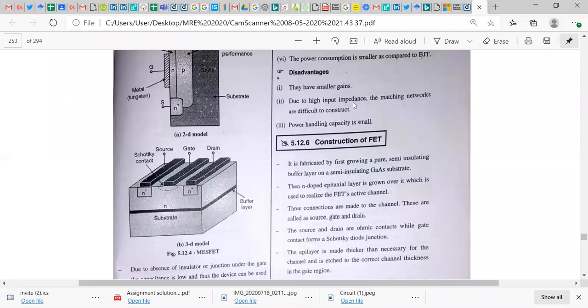It is having high input impedance, still I am using it in microwave circuits. If someone knows the answer, you can answer in chat box.